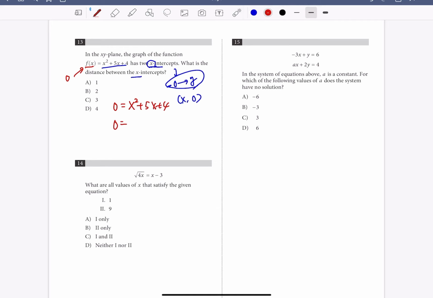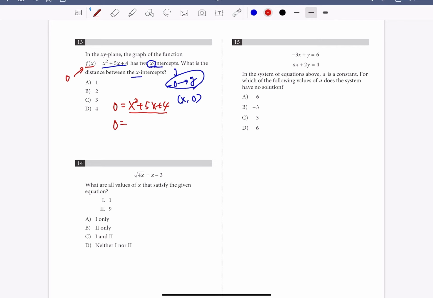This is actually the same as solving a quadratic equation. I think you already learned several ways to solve quadratic equations, like factoring, the quadratic formula, or completing the square. But the easiest way is factoring, if possible.